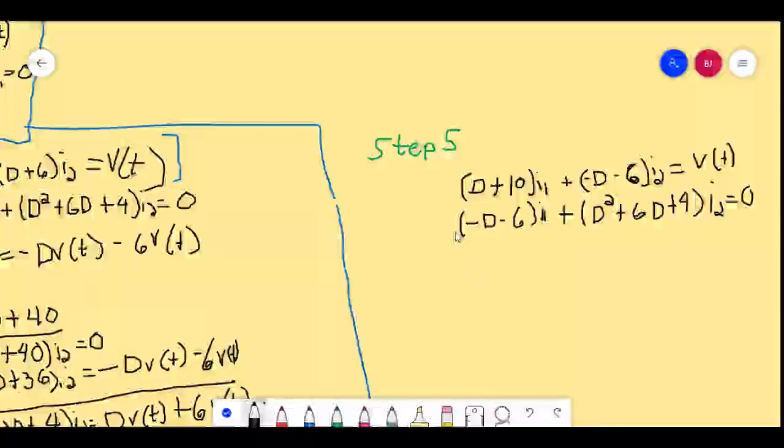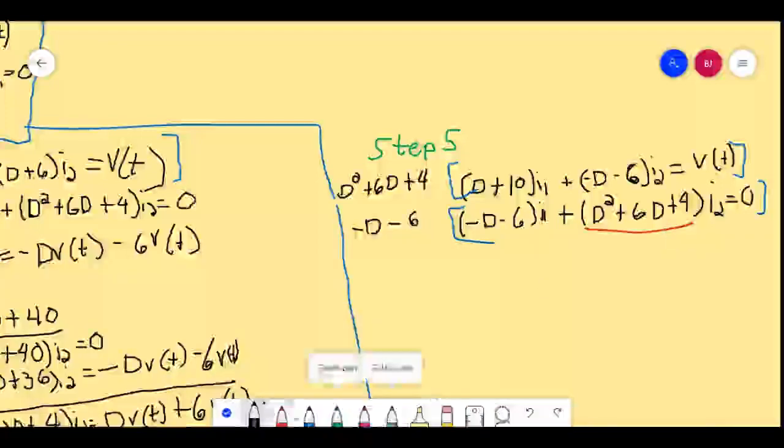So we will be multiplying it, both the bottom and the top, with the equations for I2. That's what we did with the first example. So equation 1 will be multiplied by this: d squared plus 6d plus 4, and then negative d minus 6, okay. And that would eliminate our I2.